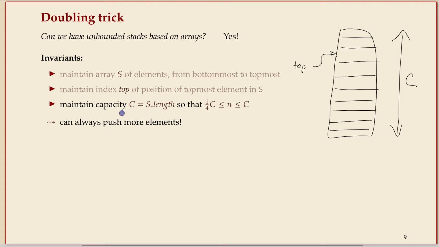Now I just postulated for now that we want this capacity C to be bounded in terms of n, or more conveniently expressed the other way around, the number of elements n. So n is the number of elements on the stack.